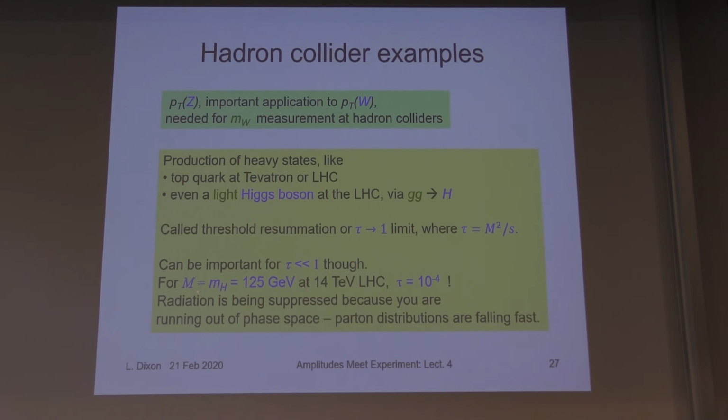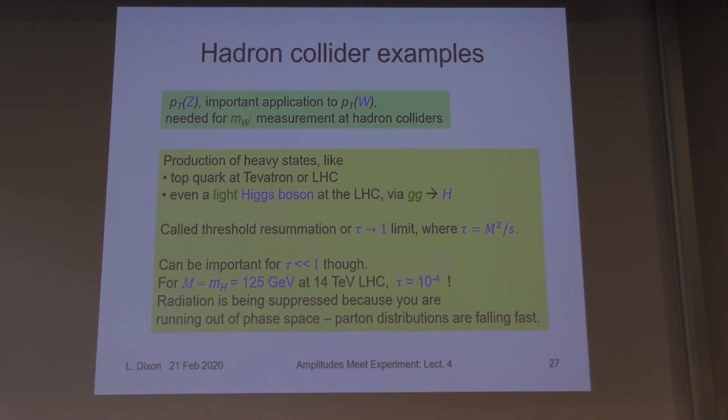For example, for the Higgs mass of 125 GeV at the 14 TeV LHC, this mass is about 1/100th of this. And this goes like the square. So if you take 1/100 and square it, tau is 10 to the minus 4. That's pretty far from 1. Why are we talking about large logarithms when tau goes to 1?